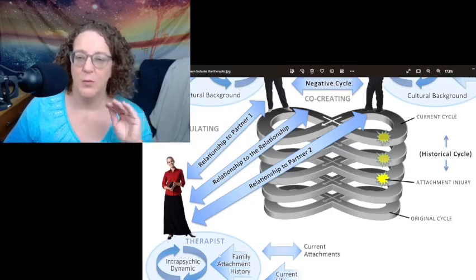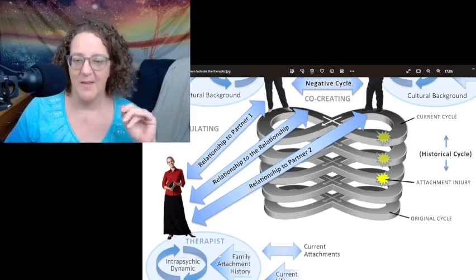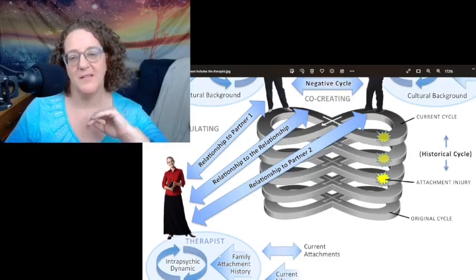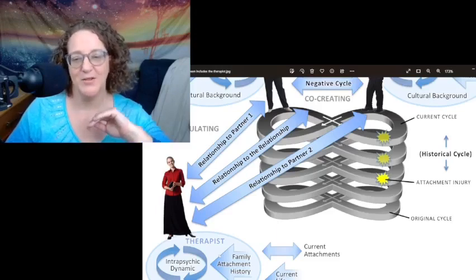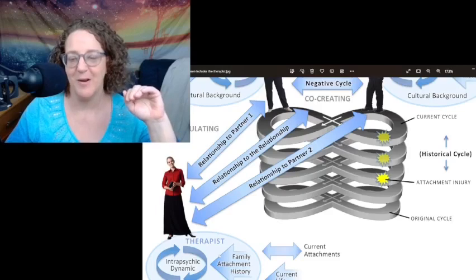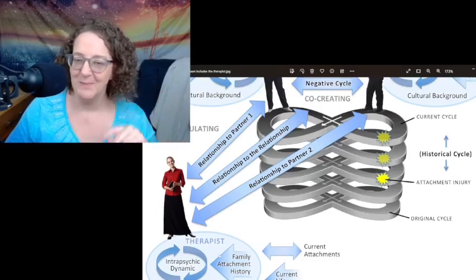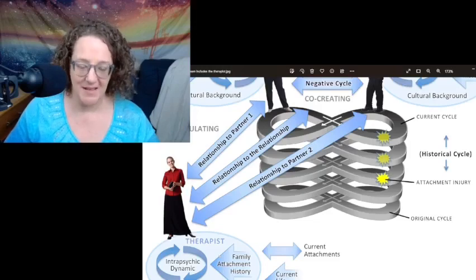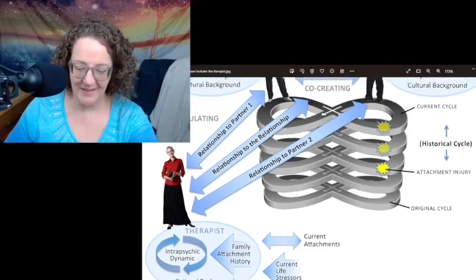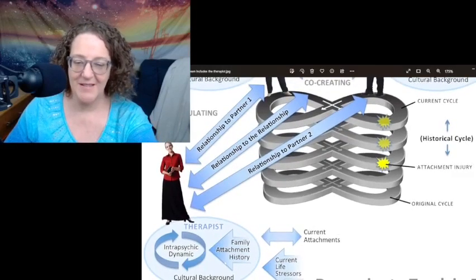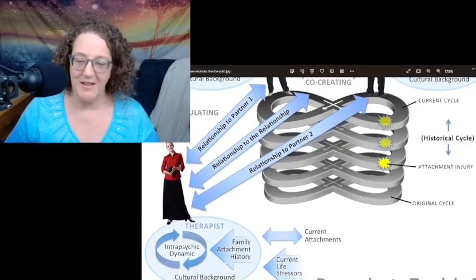It's the couplehood of Janine and Rob. So the therapist has the emotional labor of the relationship to partner number 1, the relationship to the relationship, and the relationship to partner number 2. So that's intense.